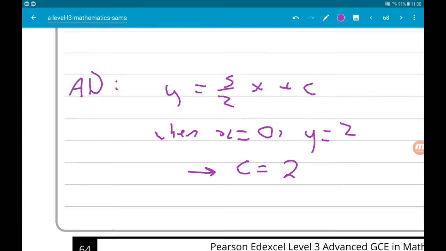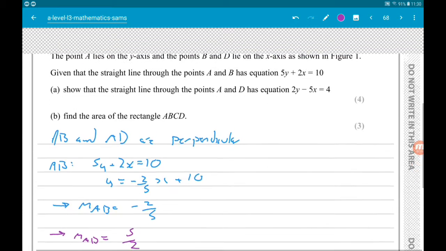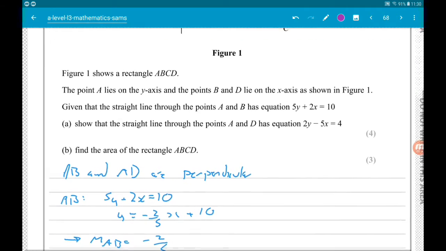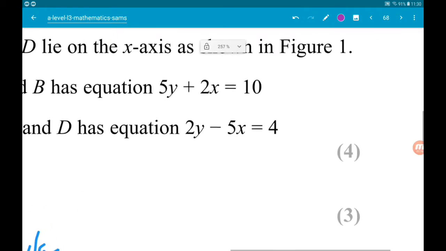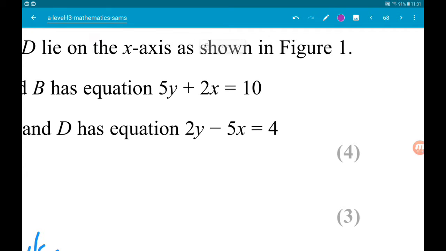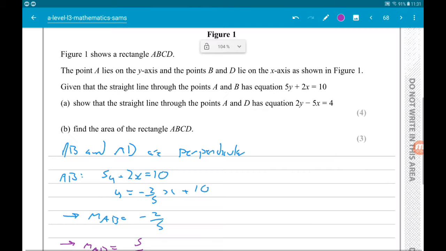So y is equal to 5 halves x add 2. Let's just have a look at the form they want it. So we want it as 2y minus 5x is equal to 4.